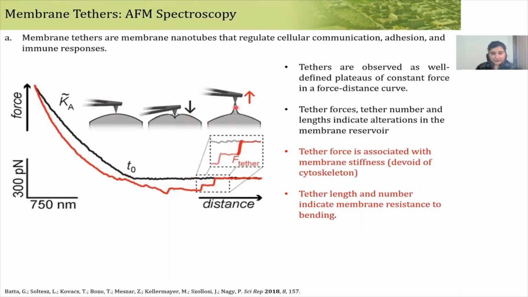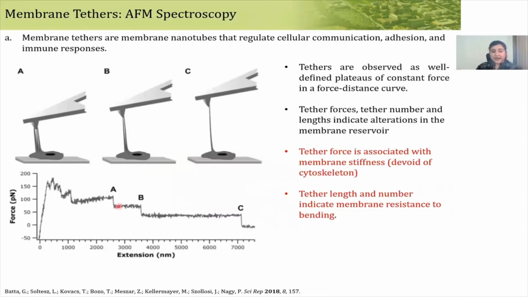But when you retract this AFM tip, thin membrane nanotubes form between the tip of the cantilever and the plasma membrane. And these appear as regions of constant force in a force distance or extension curve. Pictorially, they would be depicted as shown here, wherein we have, let's say, different numbers of membrane tethers as the membrane is being pulled by this AFM tip.